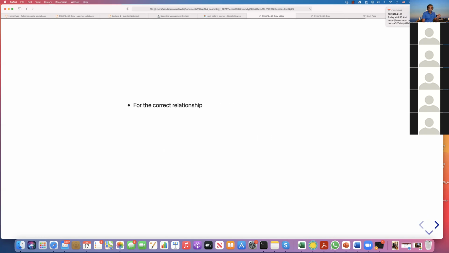Right, now we know the two things that we should have on the left-hand side and right-hand side of the Einstein field equations. Now, to have the correct relationship, there are certain conditions, right? Number one, this expression should be a valid tensor equation.